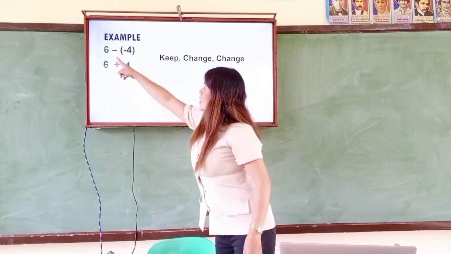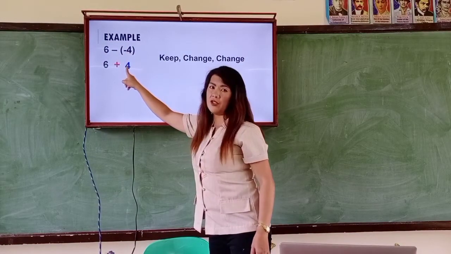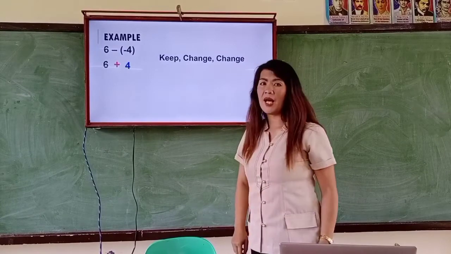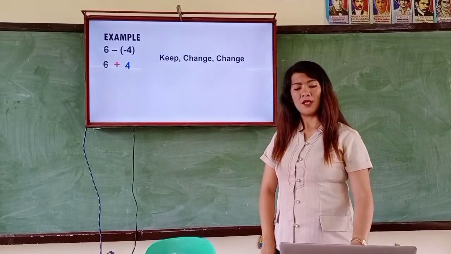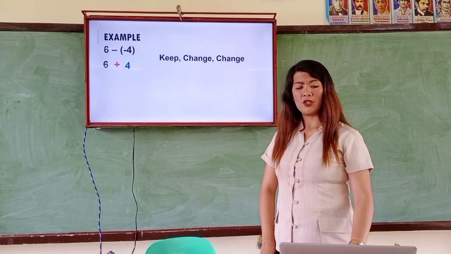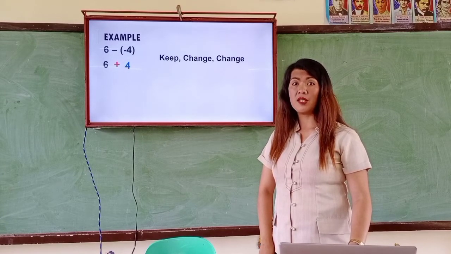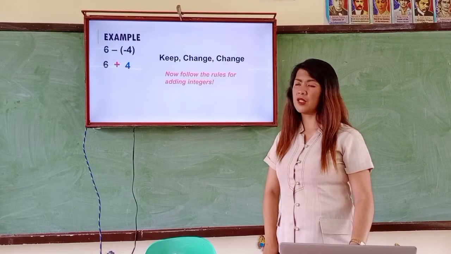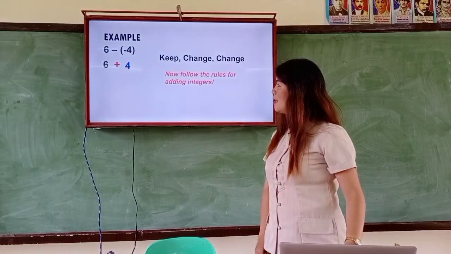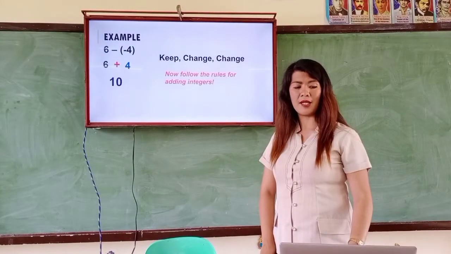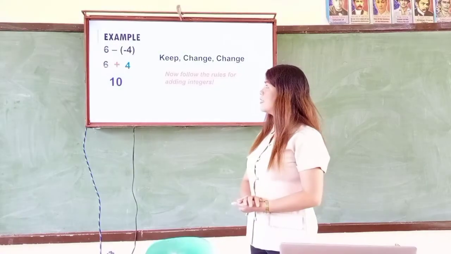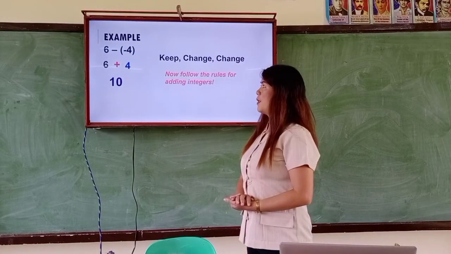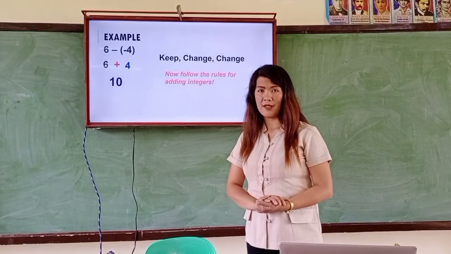So that is keep, change, change. So that becomes positive 6 plus 4. Since the operation is changed into addition, follow the rules for addition. Since they have the same sign, add and keep the sign. So 6 plus 4 equals positive 10. Therefore, 6 minus negative 4 is equal to positive 10.